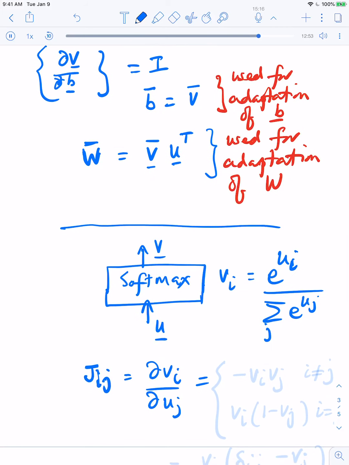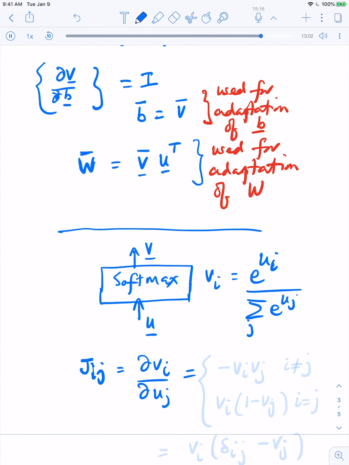We have also derived it at the end of the logistic regression handout. So this is going to be equal to basically minus Vi times Vj if i is not equal to j, and Vi times 1 minus Vj for i equal to j.